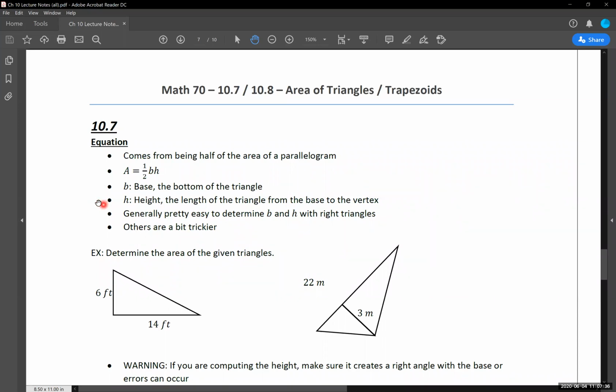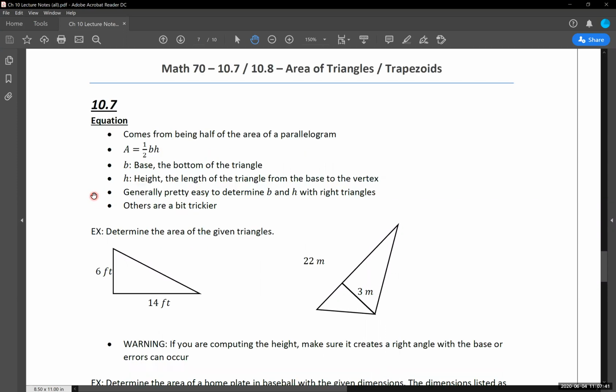We do need to be pretty specific about assigning these things their respective values. So just because you have a number that's been given to you, make sure you correctly identify that it is indeed a base or a height. And again, our height has that very specific part that goes along with it: the length of the triangle from the base to the vertex.